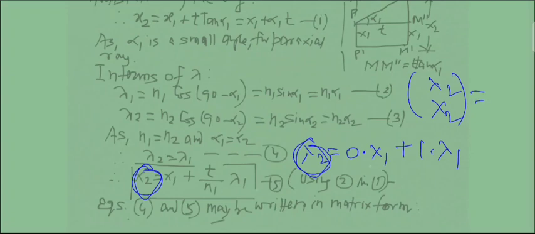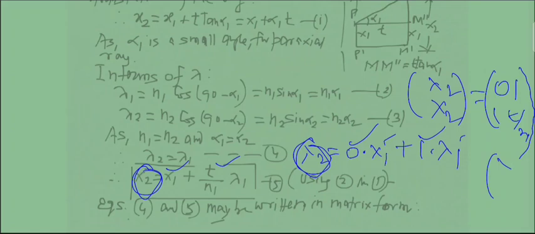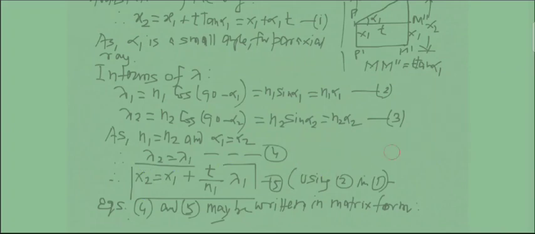The coefficients are 0, 1, 1, t by n1. And over here we have lambda 1 and x1. So this is the thing. You will understand this more clearly.